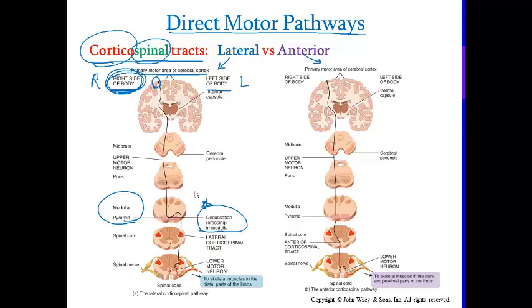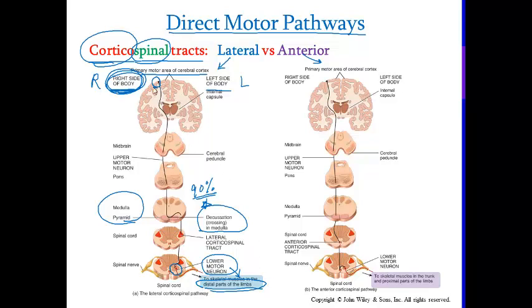So actually about 90% of the neurons are going to cross over. And as they continue down this lateral corticospinal tract, eventually at the spinal cord region, that's where they meet the lower motor neurons. And then it continues to control and innervate the skeletal muscles of the distal parts of the limbs.